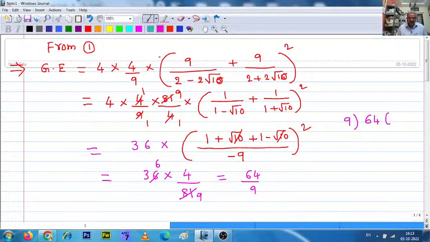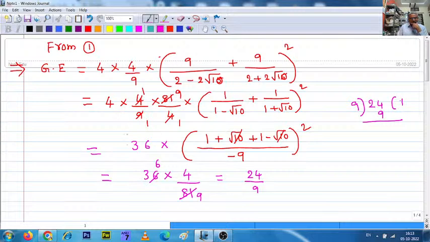Sorry, this is not 64, calculation error. 6 4s are 24, 24 by 9. This 24 divided by 9 is 9 1s are 9. So this will be 9 2s are 18, right.